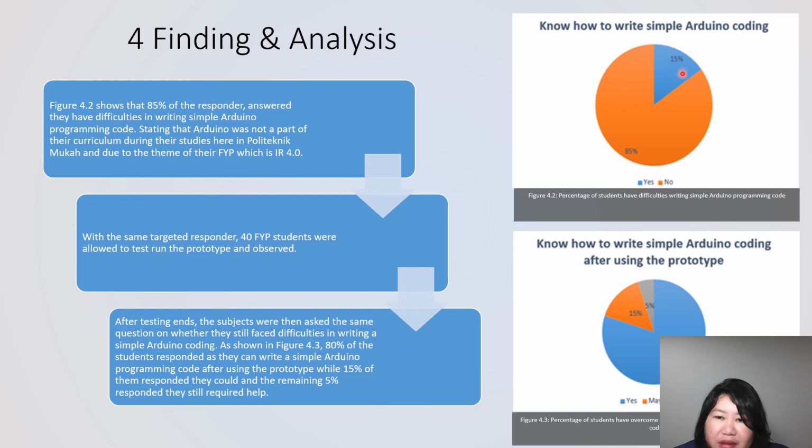The percentage of students that answered yes when asked if they can write simple Arduino coding programs increased from 15% before we ran the intervention to 80% after we ran the intervention using the prototype.